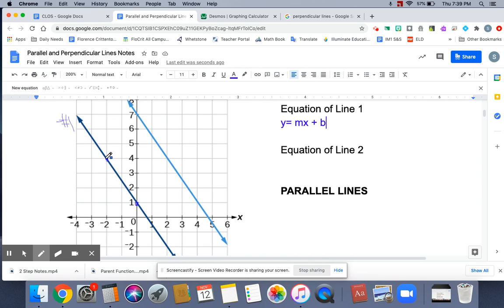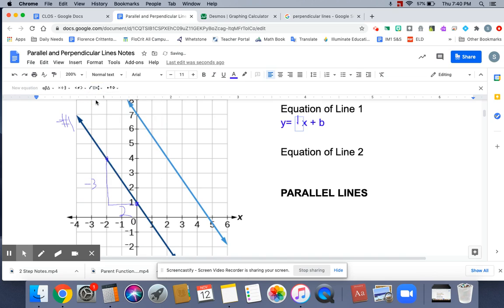So to go from the left point to the right point, I'm going to go down 1, 2, 3, and then to the right 1, 2. So I'm going down 3, right 2. So my m, my slope, is down 3, right 2.